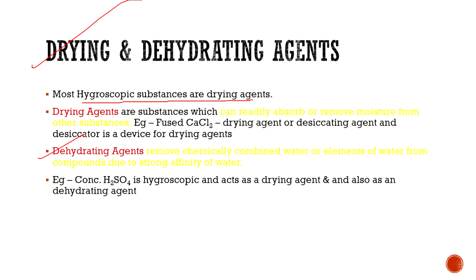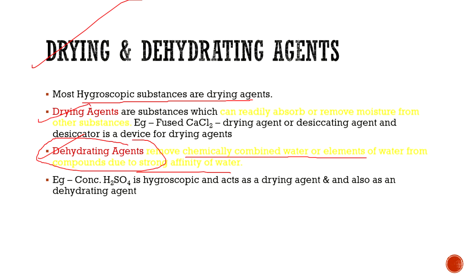Dehydrating agents are those substances which remove chemically combined water or elements of water from a compound, due to the strong affinity for water. Those substances are called dehydrating agents.